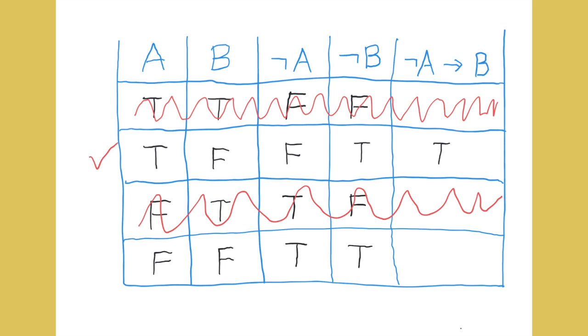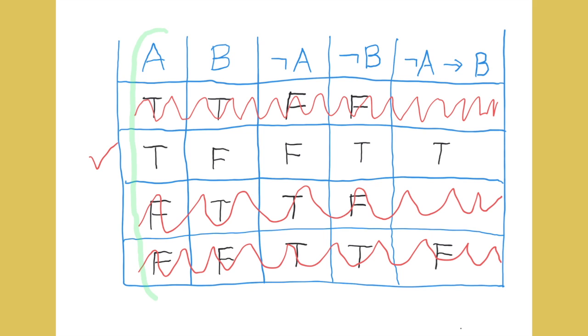So that makes the statement as a whole false. And since this column is what is stipulated to be true in the first premise of a reverse proof, that means that this row is also eliminated from consideration. Now, the first column of this truth table is the one that describes the conclusion of a reverse proof.